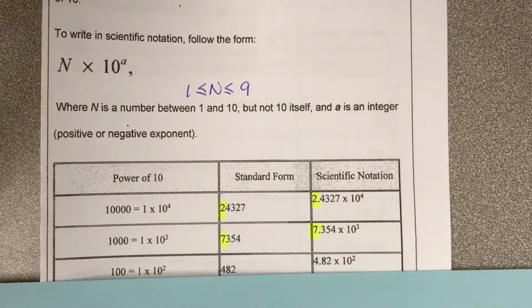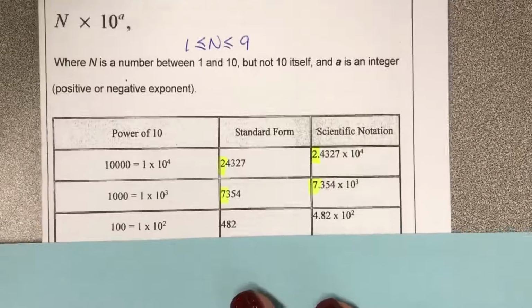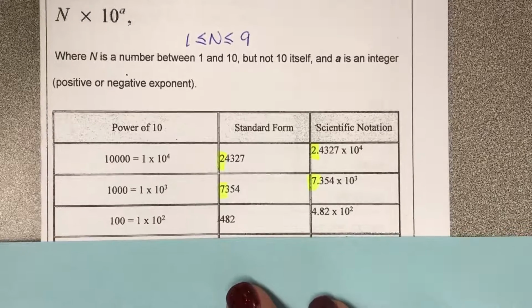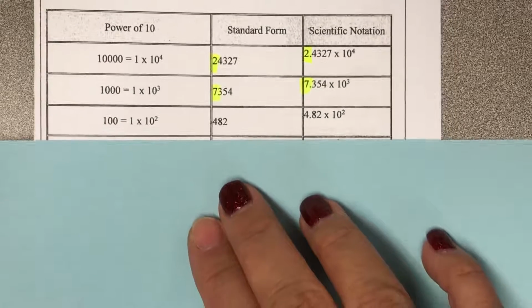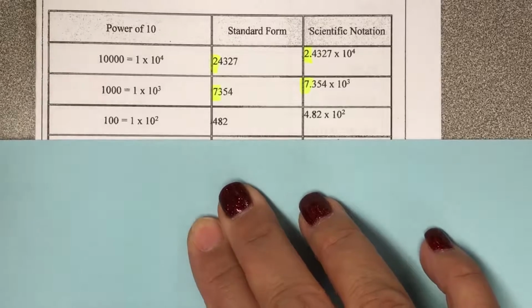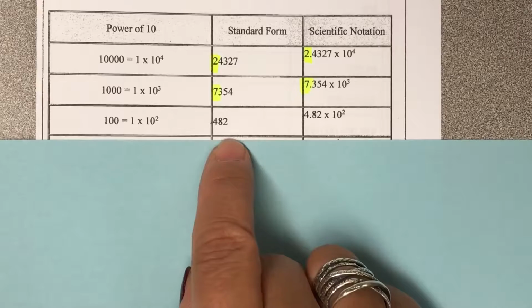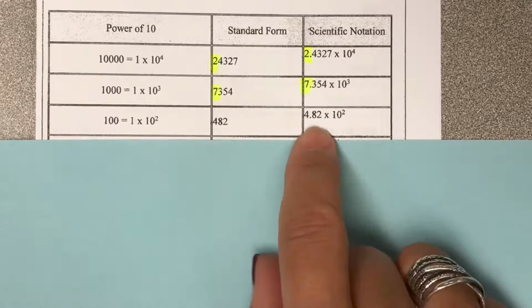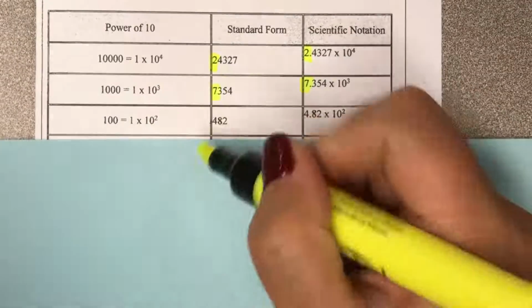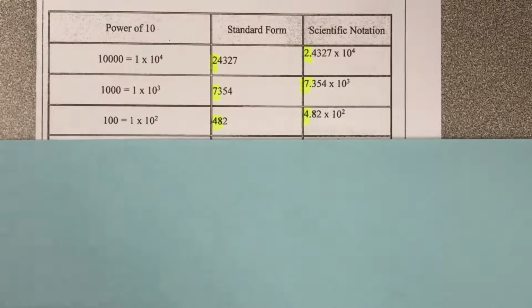Let's see another example. My next number is 482. 400 is 4 times 100. 100 is 10 to the second power. So to write the number 482 in scientific notation, we put the decimal after the first significant digit, which is 4, and multiply it by 100, which is 10 to the second power.